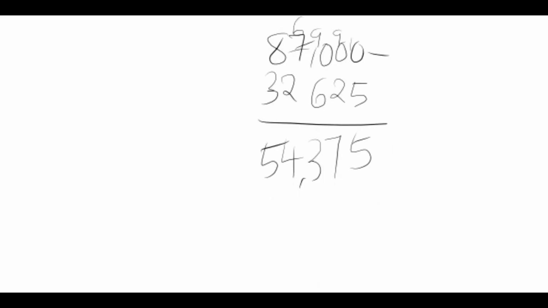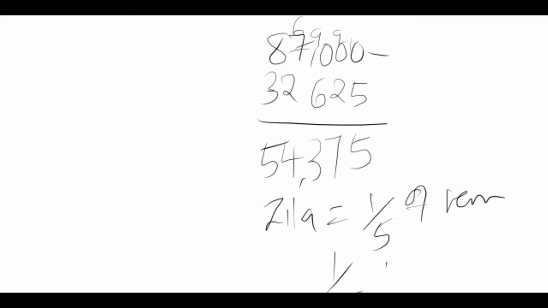So Zilla received 1/5 of the remainder. So we have 1/5 of 54,375.